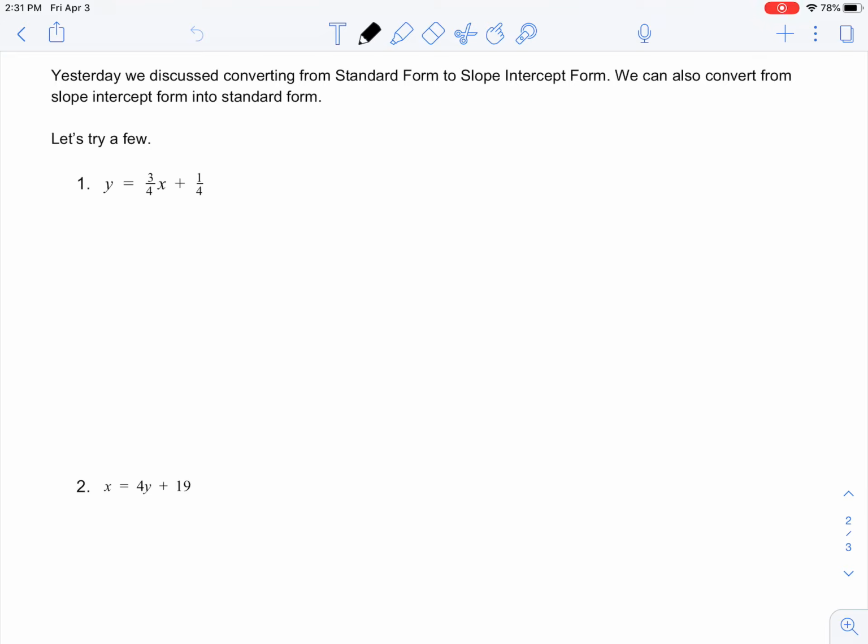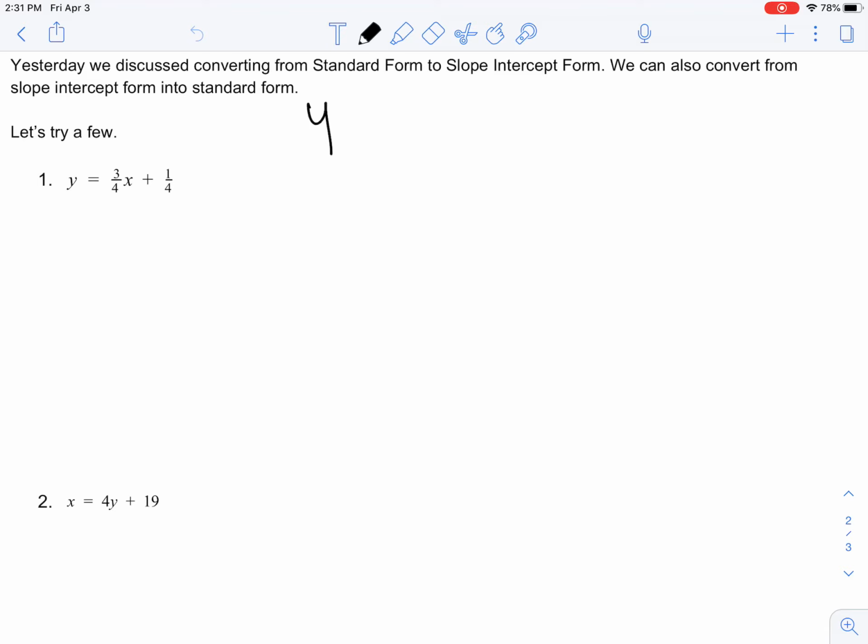Yesterday we discussed converting from standard form to slope-intercept form, but we can also convert from slope-intercept form into standard form. I'm just going to do a couple of practice problems with you.